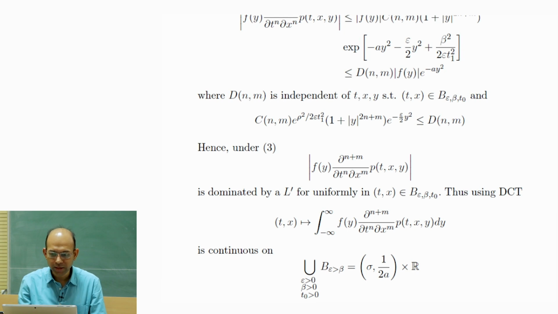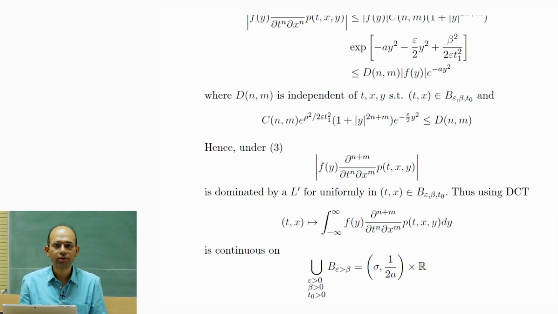So, basically this function, the integral of f of y ptxy dy, without the derivative, is the solution of the heat equation, correct, because we have seen that this is the solution and the derivatives are like this. Here one can ask where did I prove that the derivatives can go inside. Basically this is like an induction kind of thing.